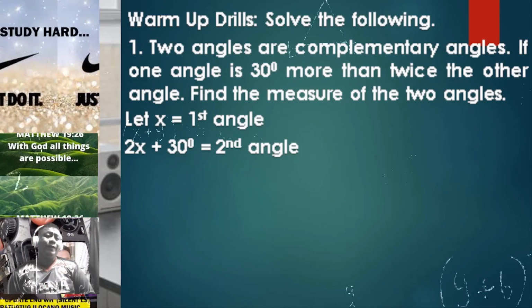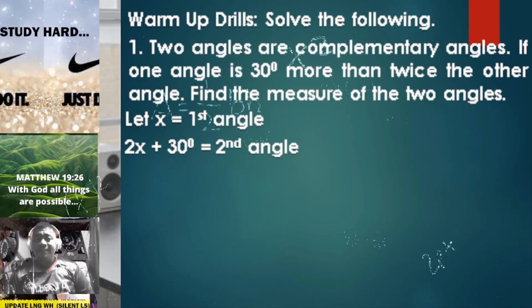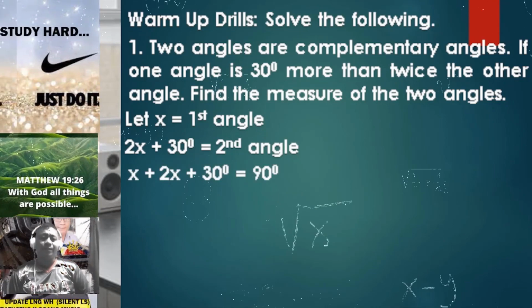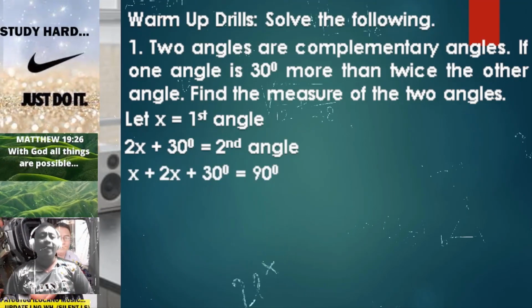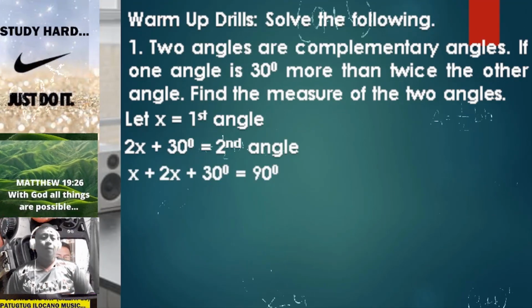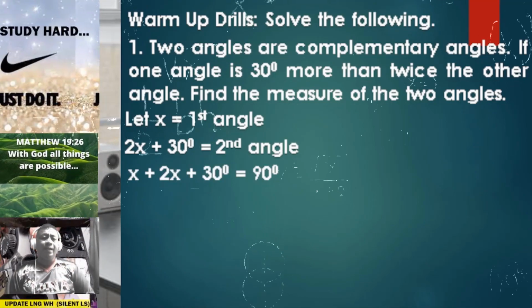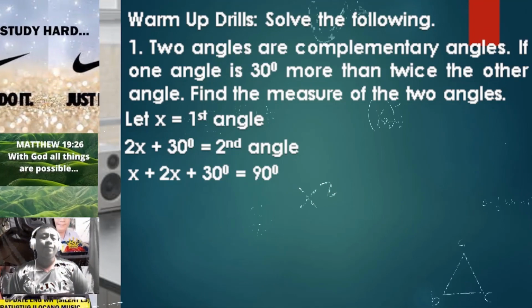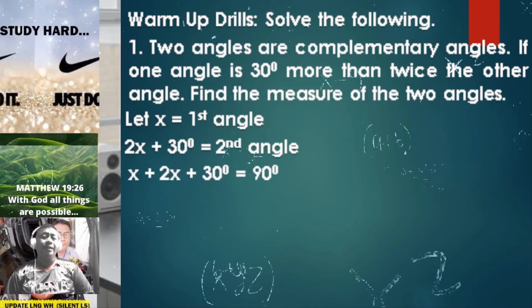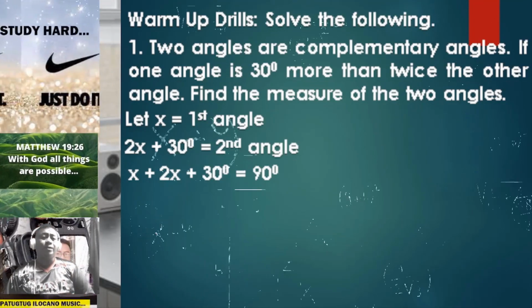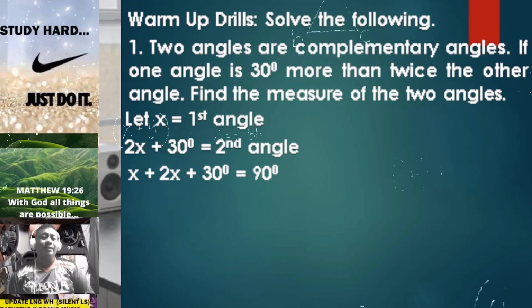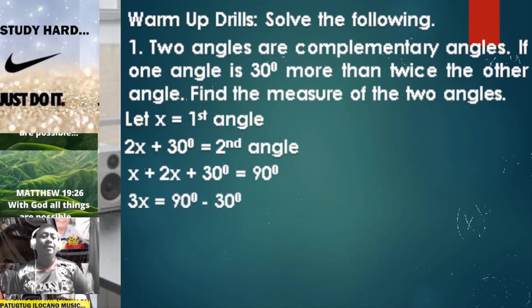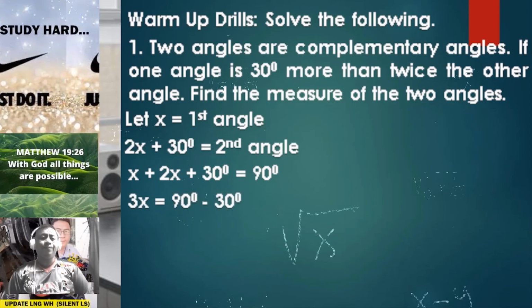Adding the first angle and the second angle, we have x plus 2x plus 30 degrees is equal to 90 degrees. Combining similar terms, x plus 2x is equal to 3x. Subtracting 30 degrees from both sides of the equation, we have 3x is equal to 90 degrees minus 30 degrees.